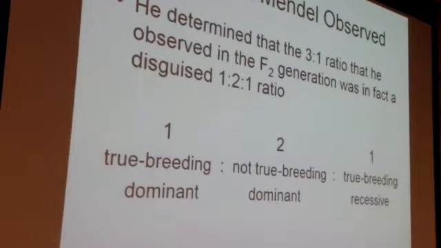These you have to know. 3 to 1, 1 to 2 to 1. You have to know those numbers. It should automatically make you think of this Punnett square, where you're crossing 2 heterozygotes. They're heterozygous just for 1 condition, so 1 letter.